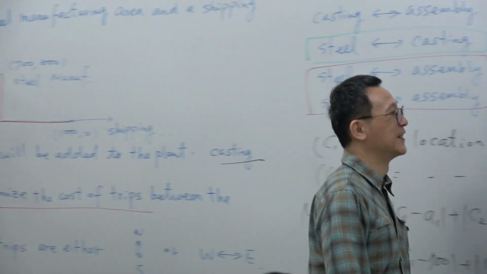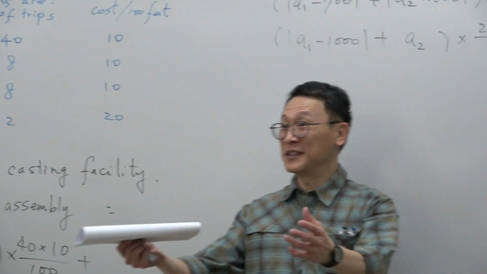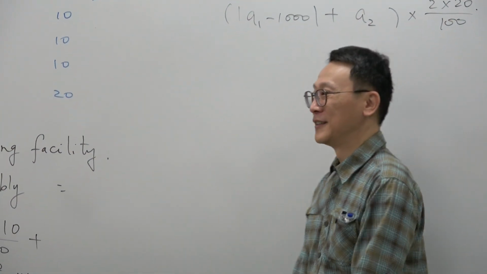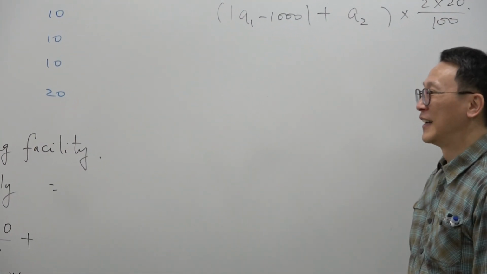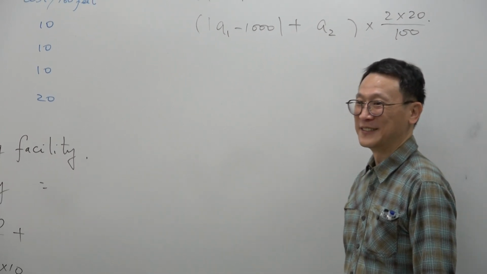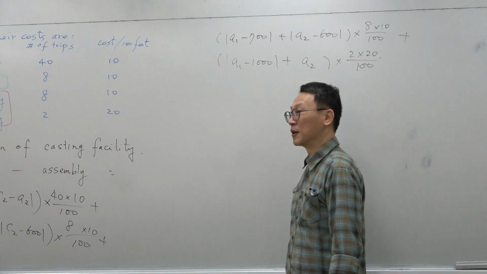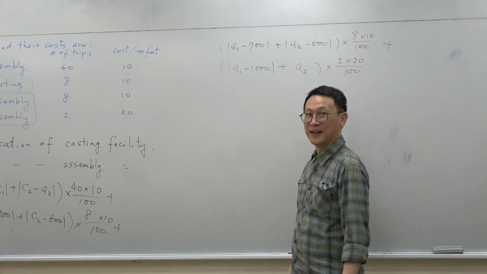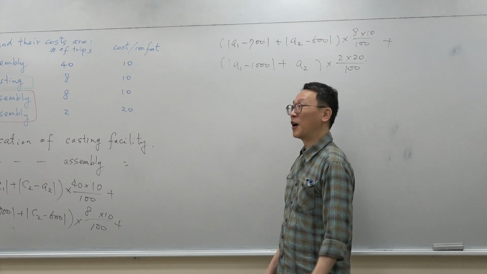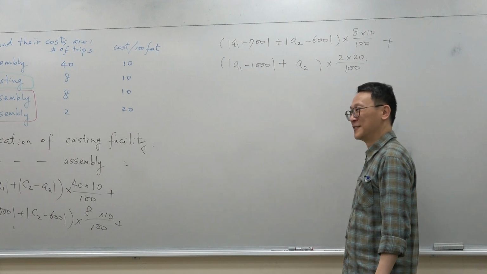Are you sure? When you learn linear programming problems, it's not possible that you don't have any constraints. If you don't have any constraints, the linear programming will become unbounded.